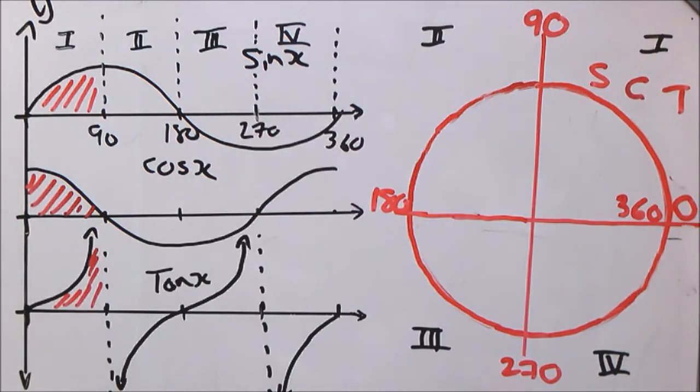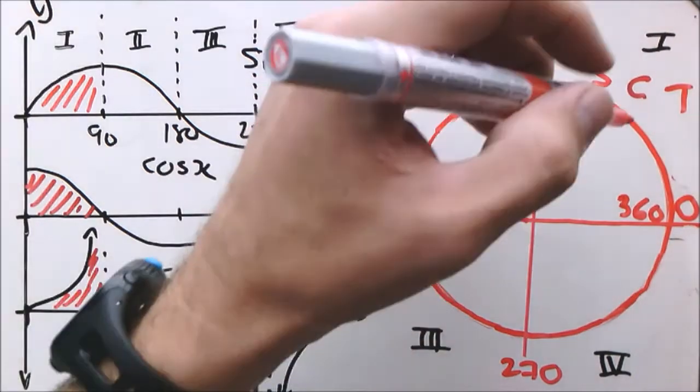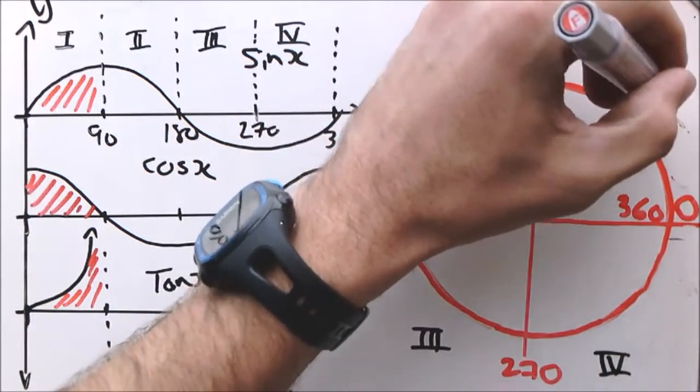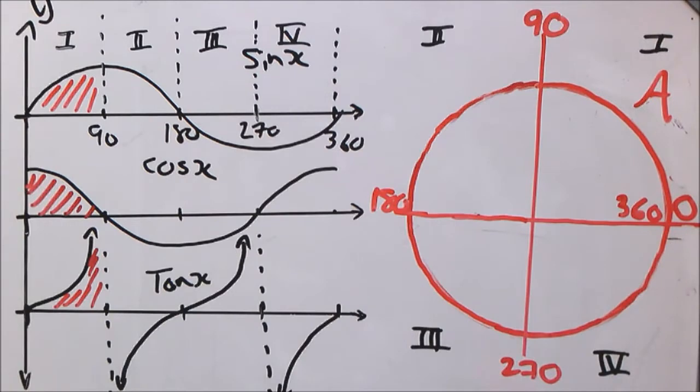So all three of our graphs are positive in the first quadrant. Therefore, we're going to use the letter A to symbolize all three that are positive, all of them.